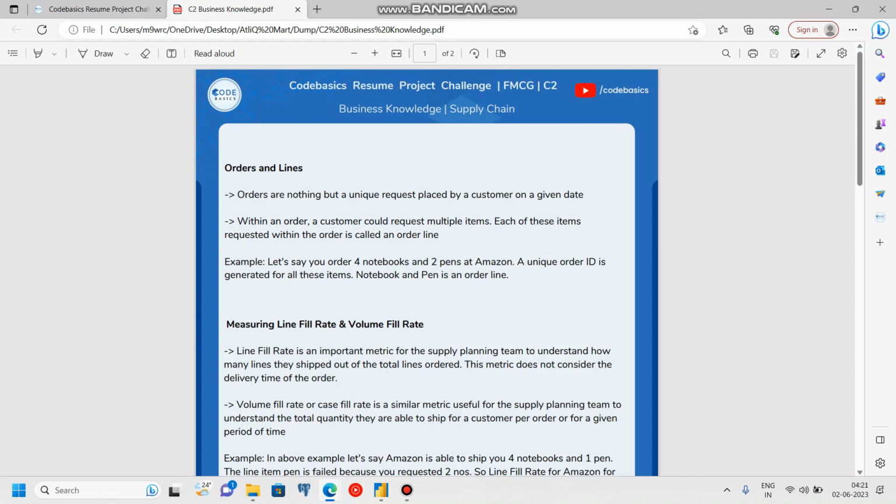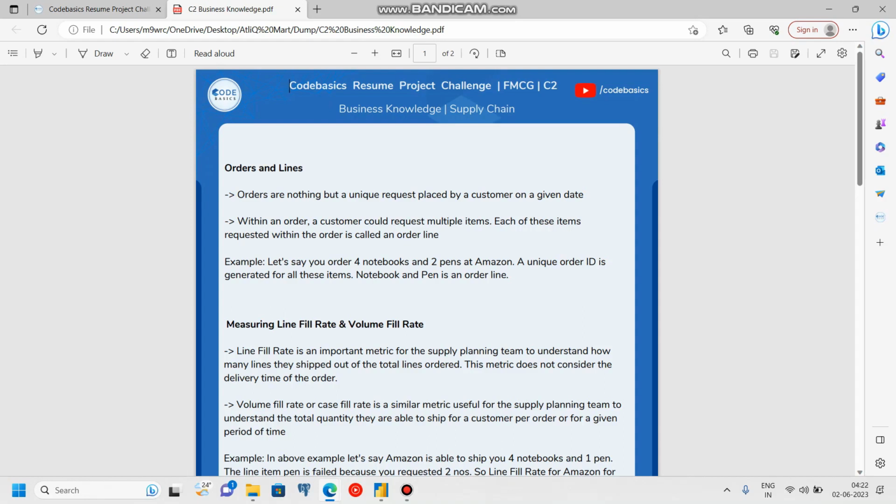Now let's take an example. Let's say I want to buy some groceries from Zepto. I have requested Zepto to deliver me a dozen eggs and 2 packets of brown bread.